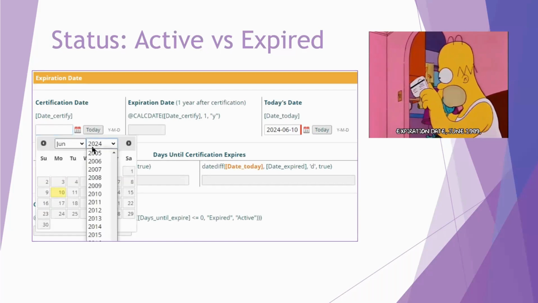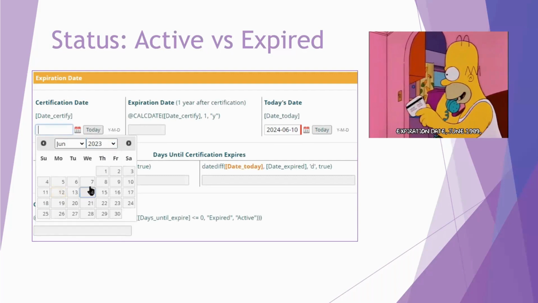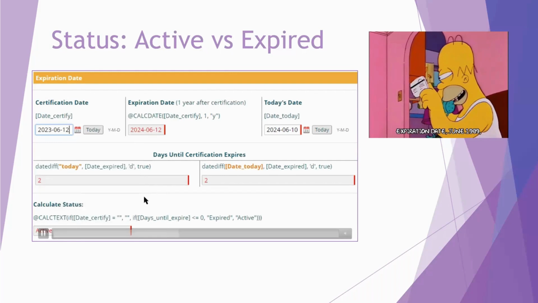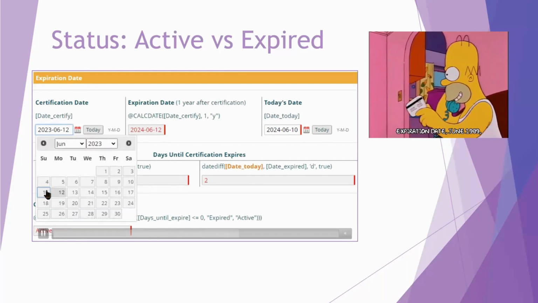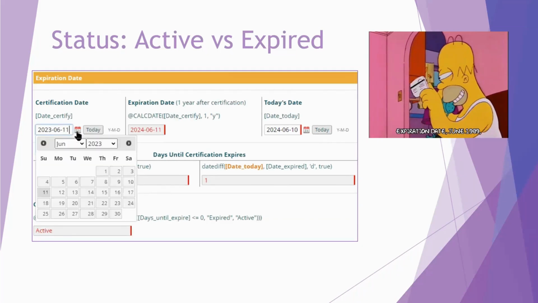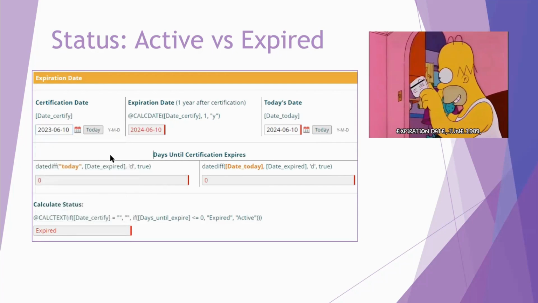Here's what that looks like. So if we certified in June of 2023, a year later it expires in June of 2024. When that value gets to 0, that status shows us that it's expired.